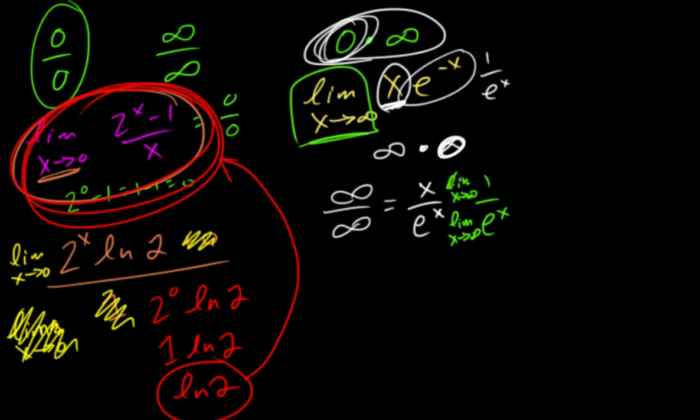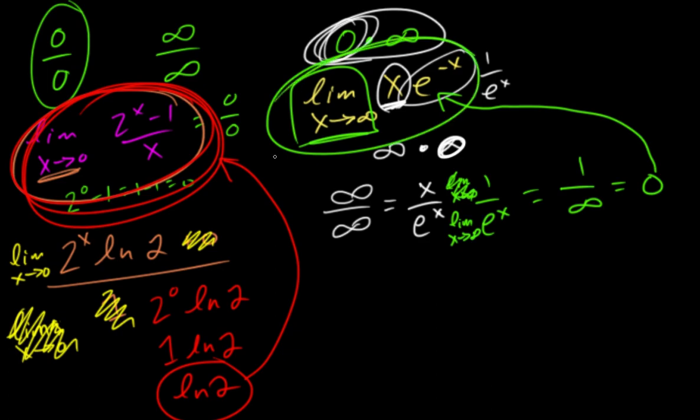Once again, the top is a constant, that doesn't really matter, so that just stays 1. And then the bottom is going to blow up to infinity if we plug that in. 1 over a really, really large number is going to approach 0. And so that is the limit of our original expression.